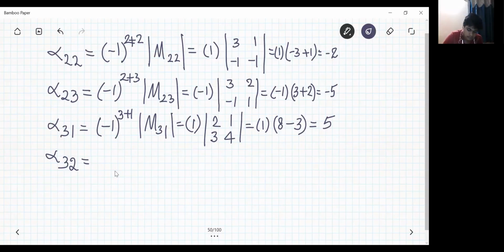How do you get that? 3 4s are 12, 12 minus 0 1s are 0, and outside a minus sign will be there. 12 minus 0 is 12, so 12 into minus 1 is minus 12. Correct. So find the next one also.